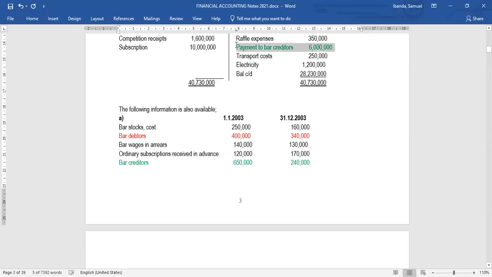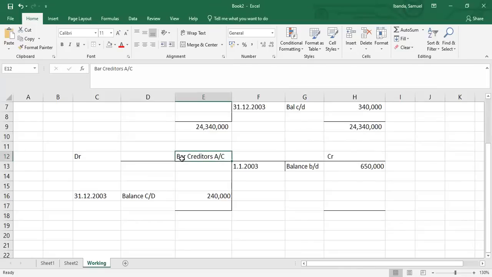Now, like I said, if I have a creditors account, my bar creditors, in case I make payments to them, since this has a normal debit balance, I'll debit any payments to those bar creditors, okay? So that detail will be recorded right here, okay?